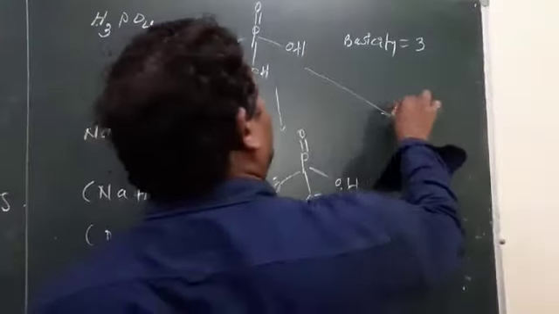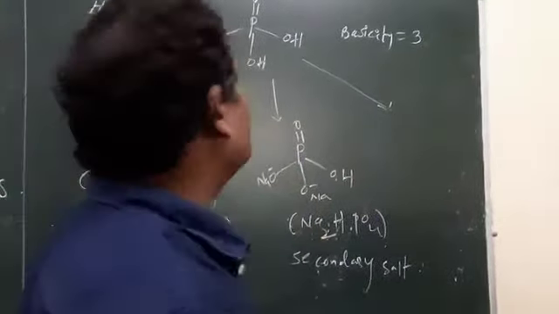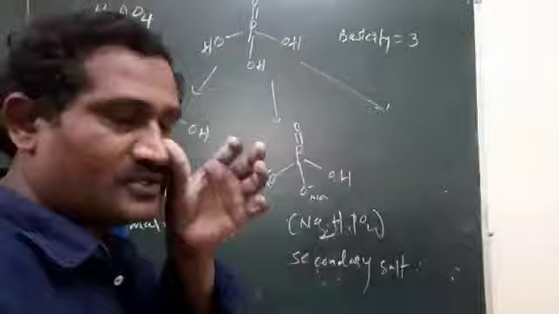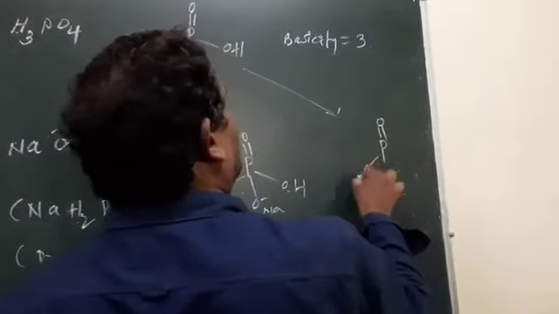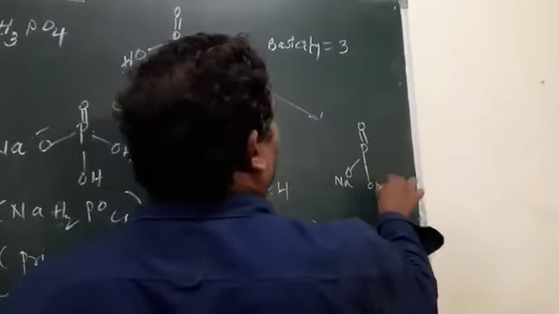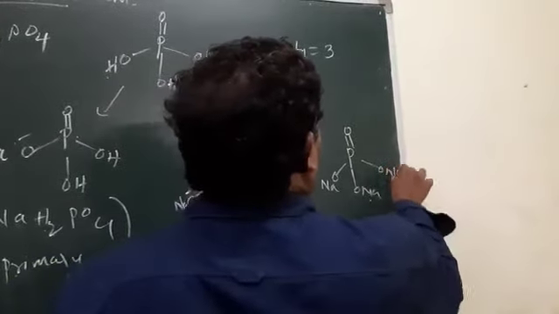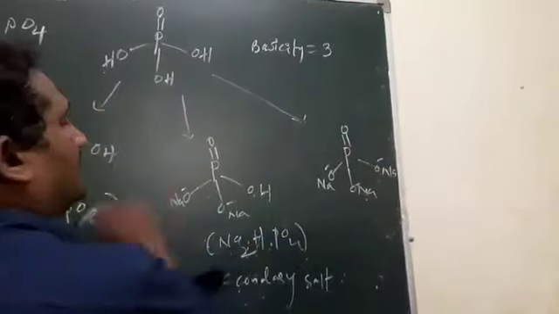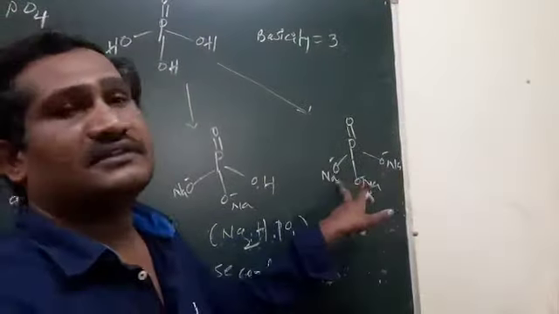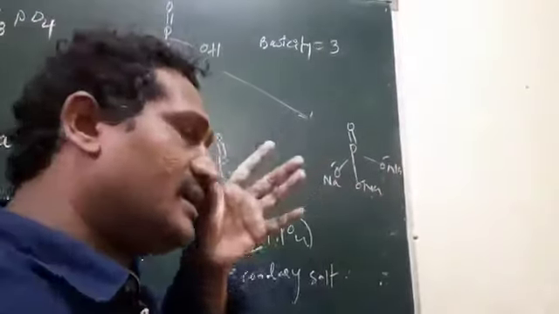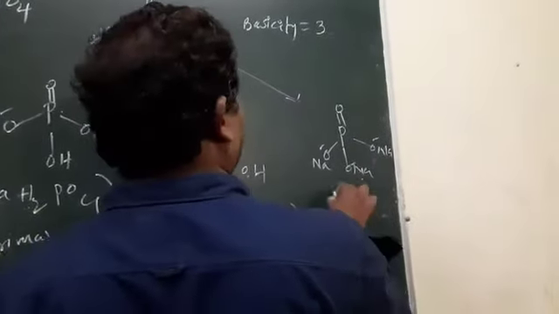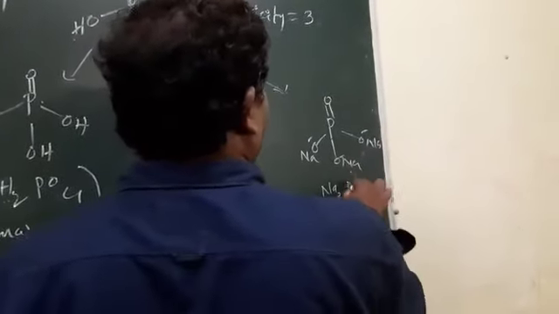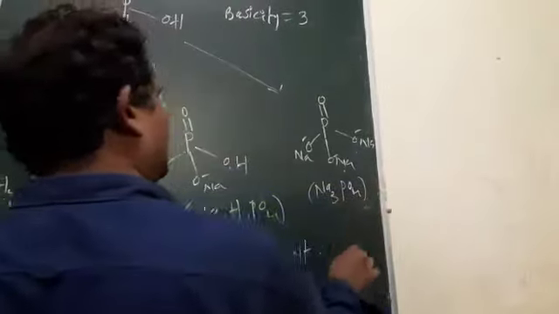Third one, all three OH groups displaced by metals. P double bond O, Na minus. Here three OH groups displaced by Na. So this is a tertiary salt. Formula Na3PO4.